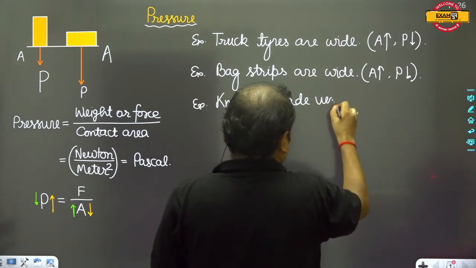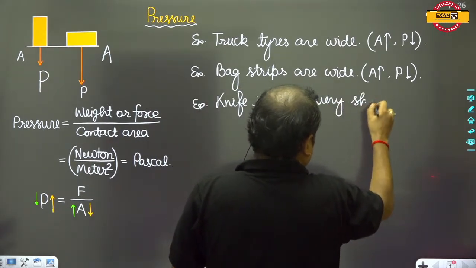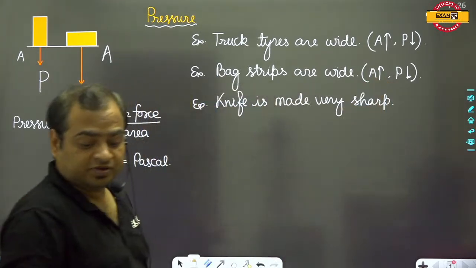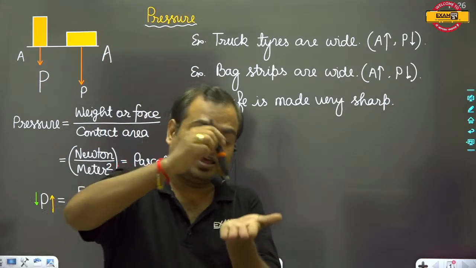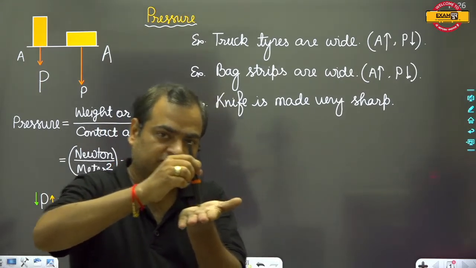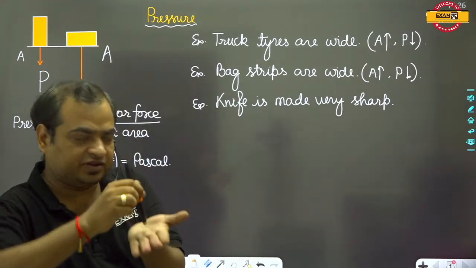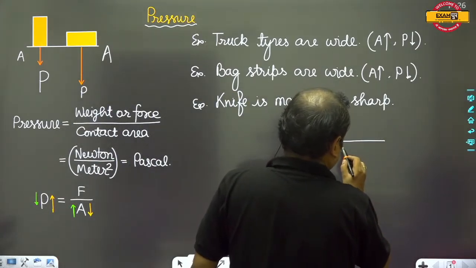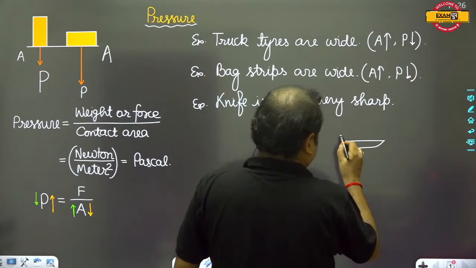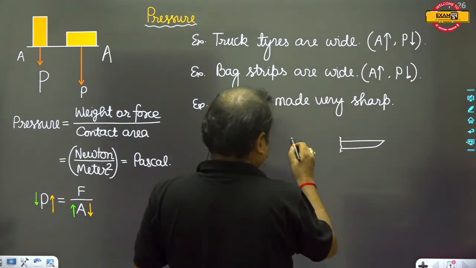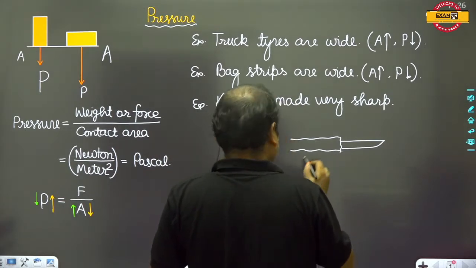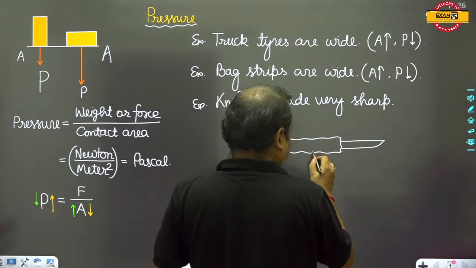And the reason behind it is, if the knife is very sharp, then obviously the knife will have very low contact area.